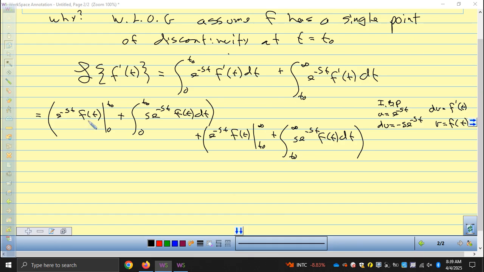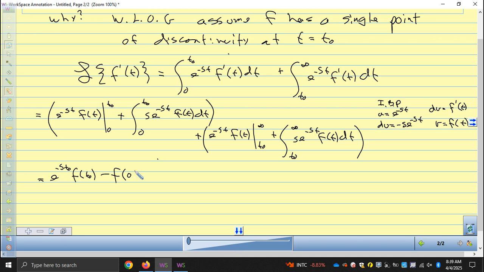When we evaluate this at our limits, we get e to the minus s t0 f of t0 minus, when I evaluate this at 0, this gives me a 1 here, and I get f of 0. There's that f of 0.